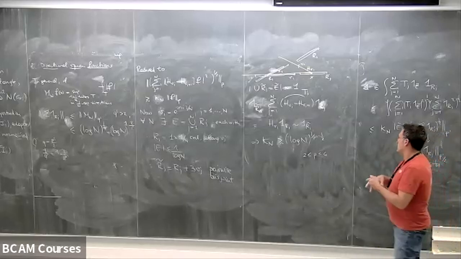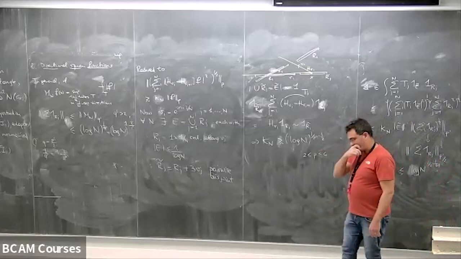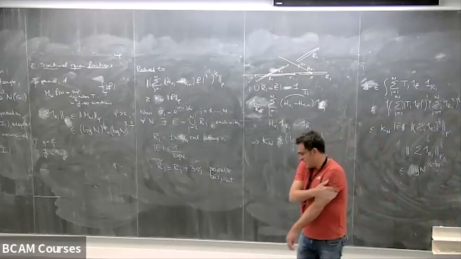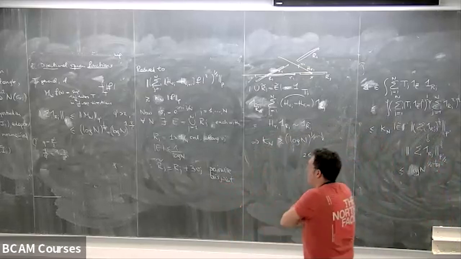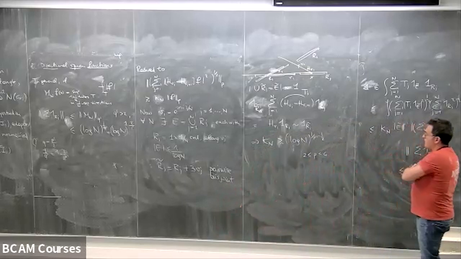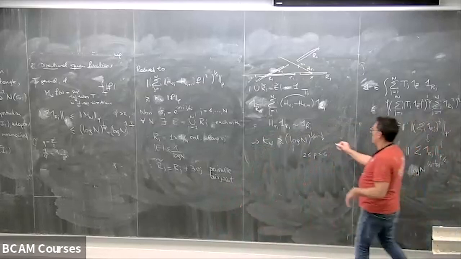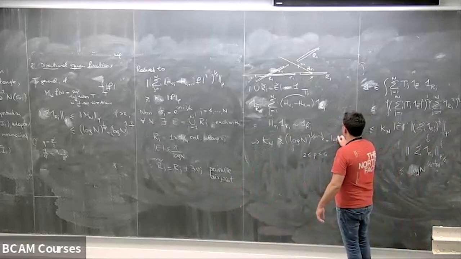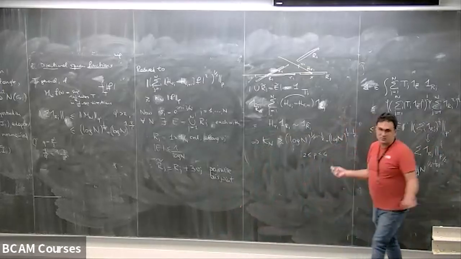P equals 4, this guy is 3/4 minus 1/2, which is 1/4. Funny thing is that this is equal also to log n to 1/2 minus 1 over 3. It's nice.